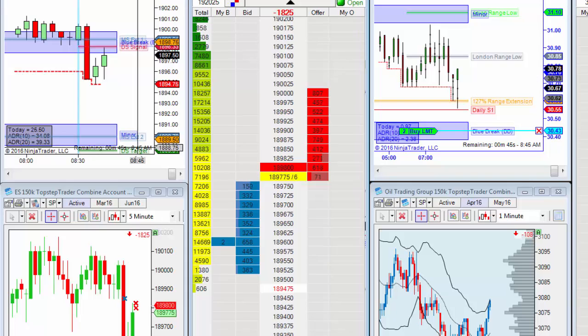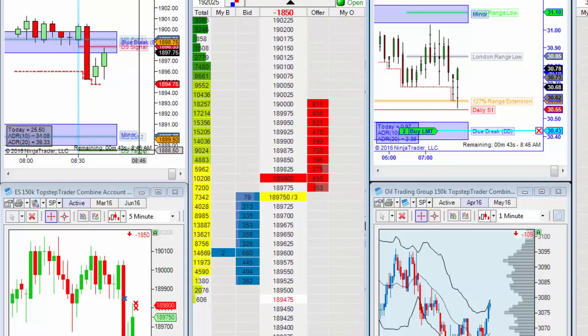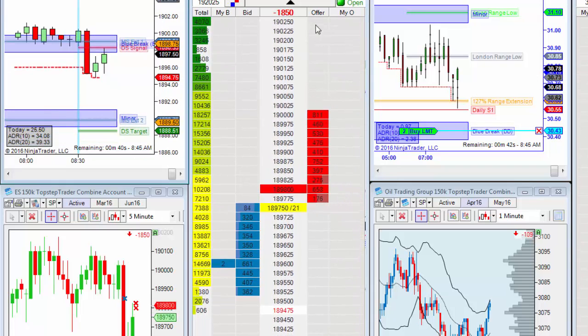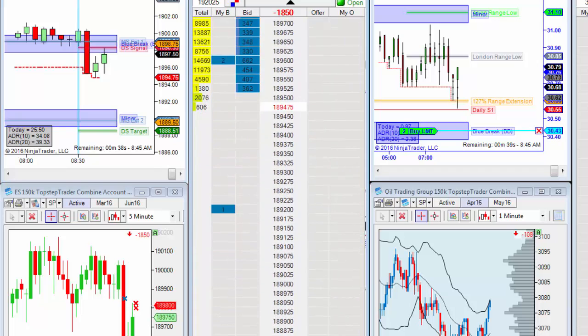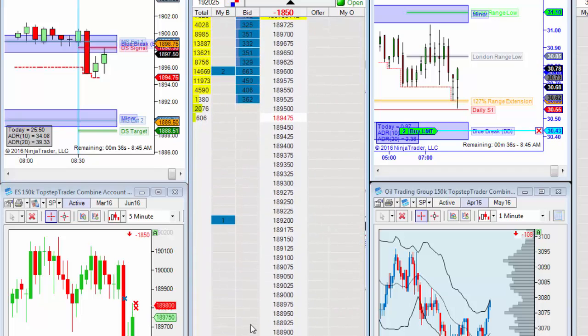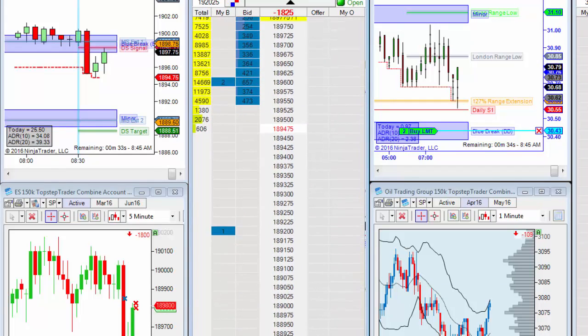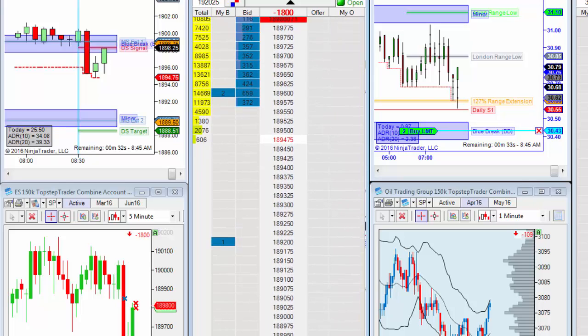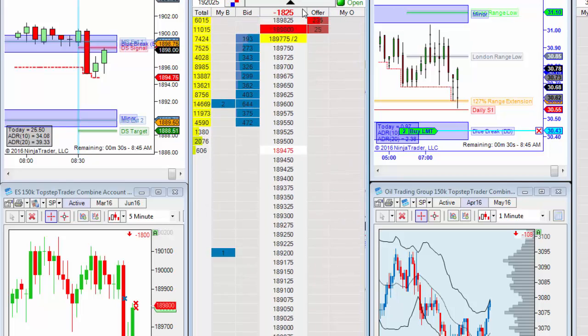1888 half. 1888 quarter, where I would look to get long. Okay, or I'd look to flip and get long.